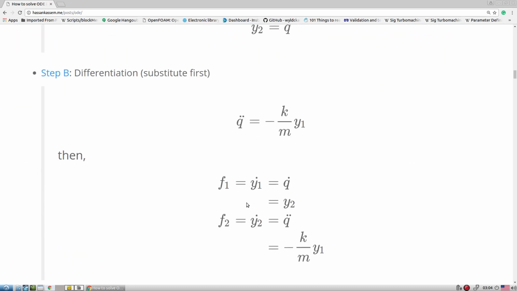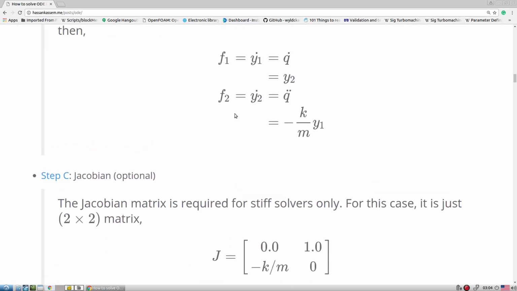So f1 is differentiated with respect to y1 and y2, and in the same way f2 is differentiated with respect to y1 and y2. Since f1 equals y2, differentiating f1 with respect to y1 gives a constant, so 0, and with respect to y2 it is 1. In the same way, f2 equals minus k by m y1, so differentiating with respect to y1 we get minus k by m, and with respect to y2 this is 0.